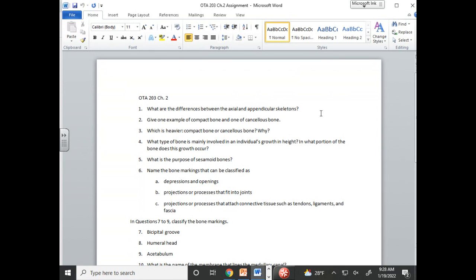Also, the cancellous bone in other types of bone is found sandwiched in between layers of compact bone. Okay. So which is heavier, compact bone or cancellous bone, and why? Compact, because it doesn't have any holes. Right, because compact bone is heavier because it's less porous.